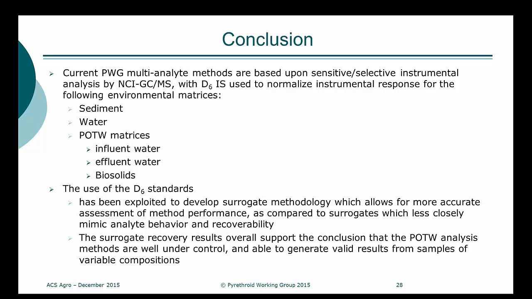The following matrices were covered in this presentation: sediment, water, and the wastewater systems. We use the D6 standards to exploit the development of surrogate methodology, which allows us to give an assessment of method performance as well as to get good overall recoveries to support the use of the surrogate.